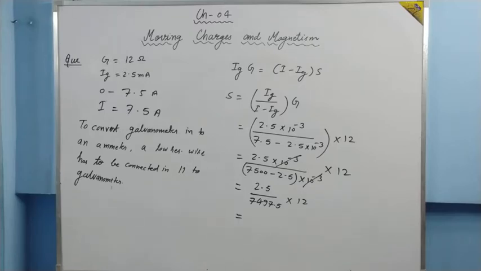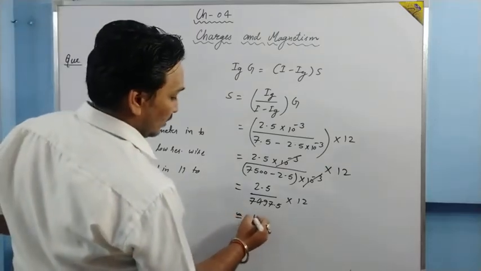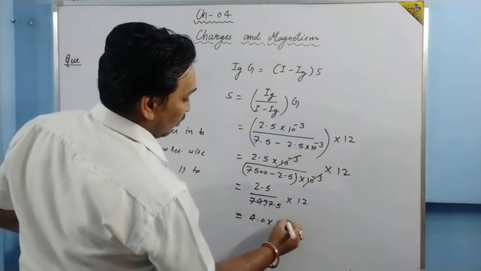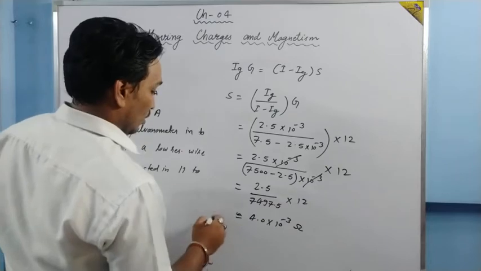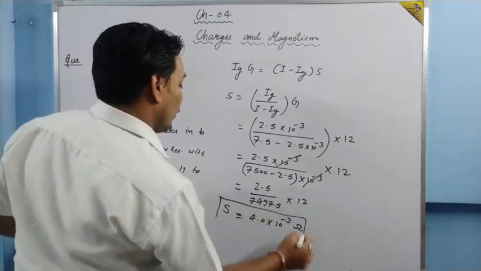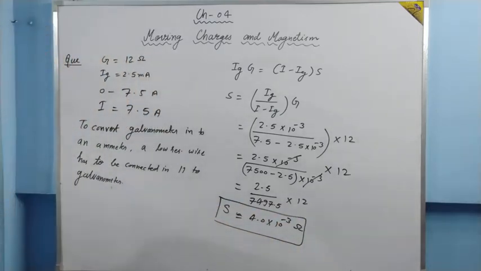Okay, 4 into 10 to the power minus 3 ohm. So this is the value of S, and this is how this galvanometer will be converted into an ammeter. Okay, very easy kind of questions are being asked from this topic. So this is related to conversion of galvanometer into an ammeter.